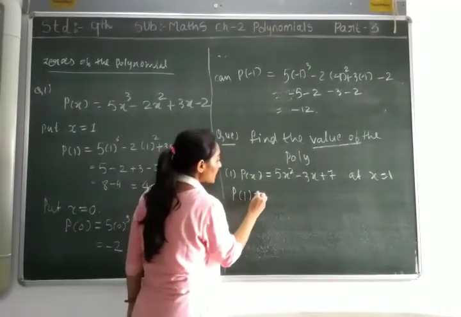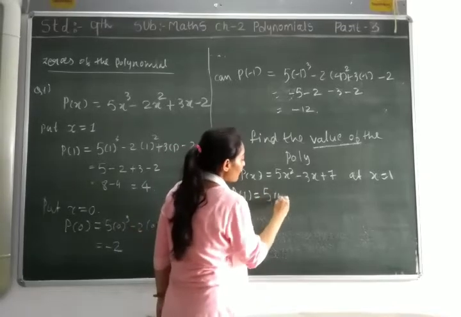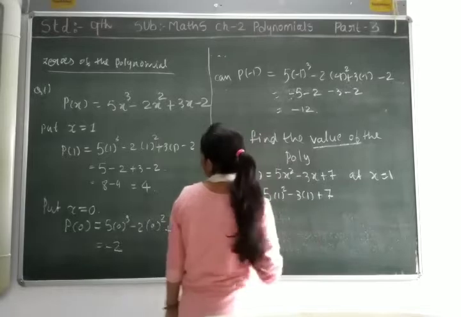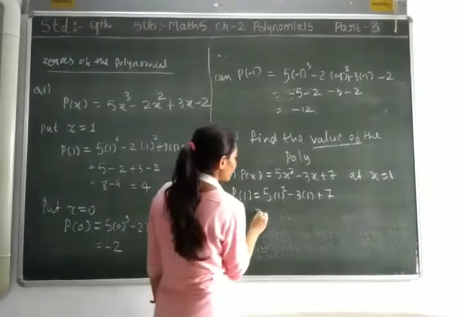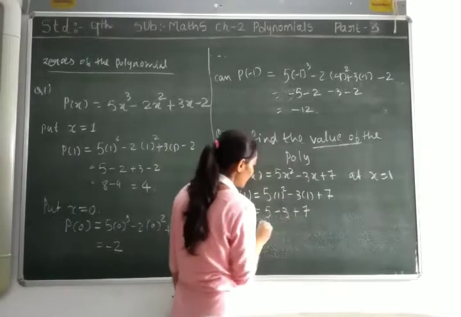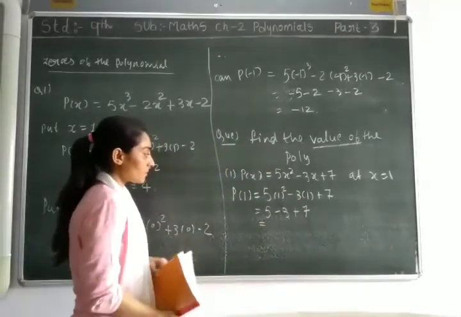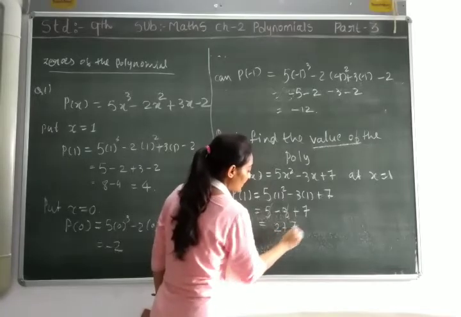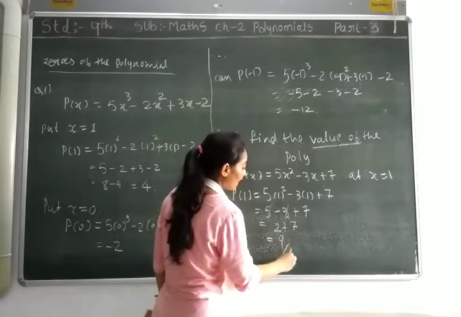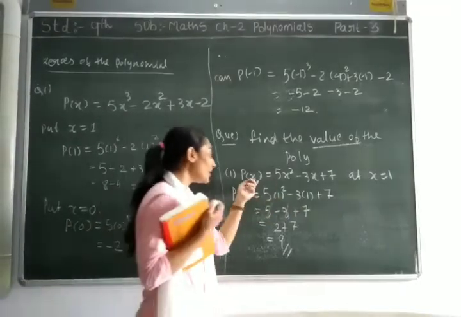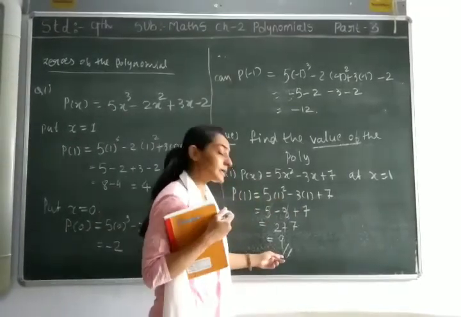So p of 1 is equals to 5 times 1 squared minus 3 times 1 plus 7. We have already done this. So 5 minus 3 plus 7, I am getting 2 plus 7 equals to 9. The value of this polynomial is 9.